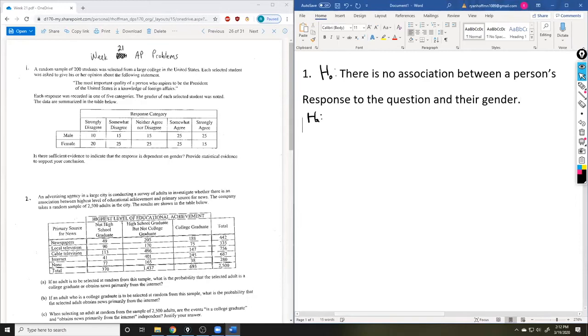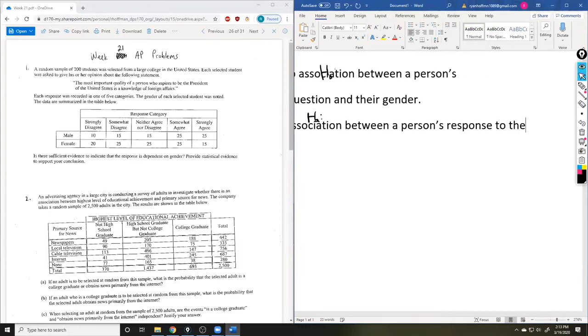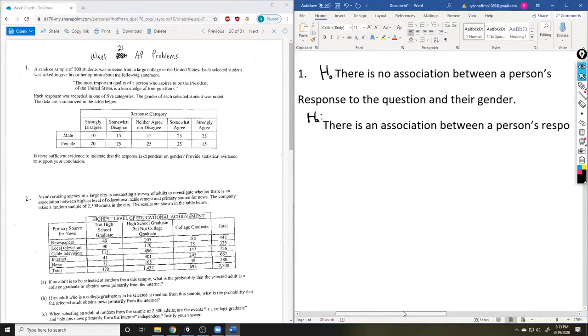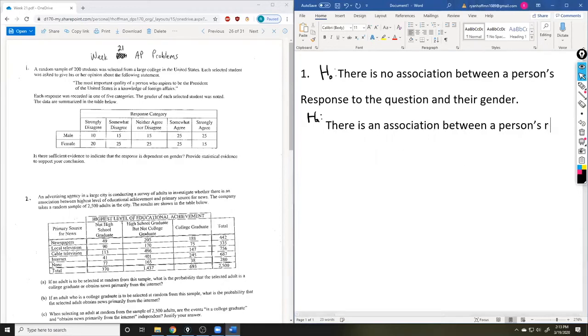And then the alternative hypothesis is that there is an association between a person's response to the question and their gender.